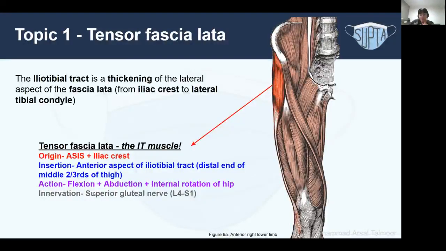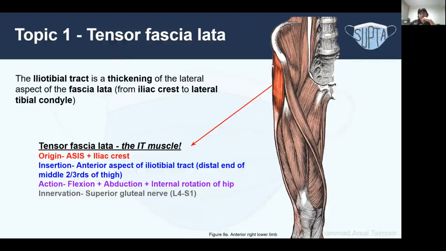And its innervation is similar to the gluteus maximus, which is the superior gluteal nerve. So I understand I haven't gone through the nerves yet. I will in a second. But just remember that the tensor fasciae lata shares innervation with the gluteus maximus. Its action is to flex, abduct, and internally rotate.